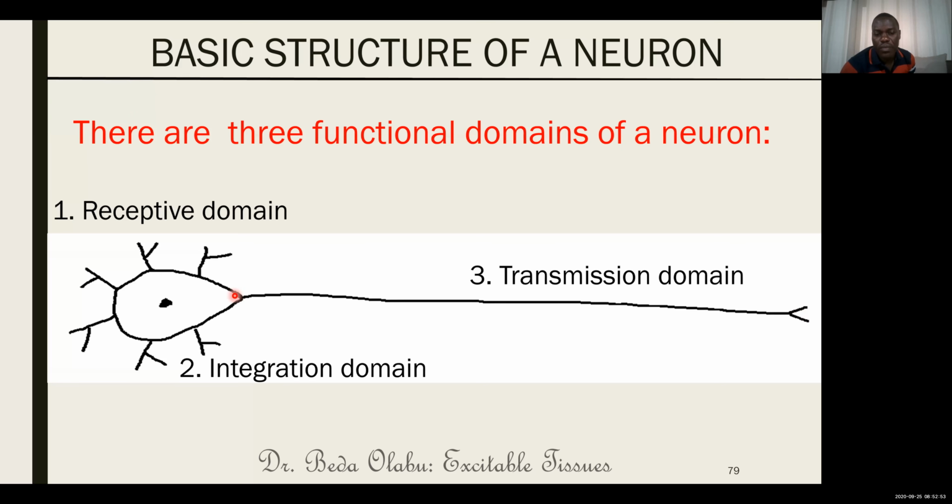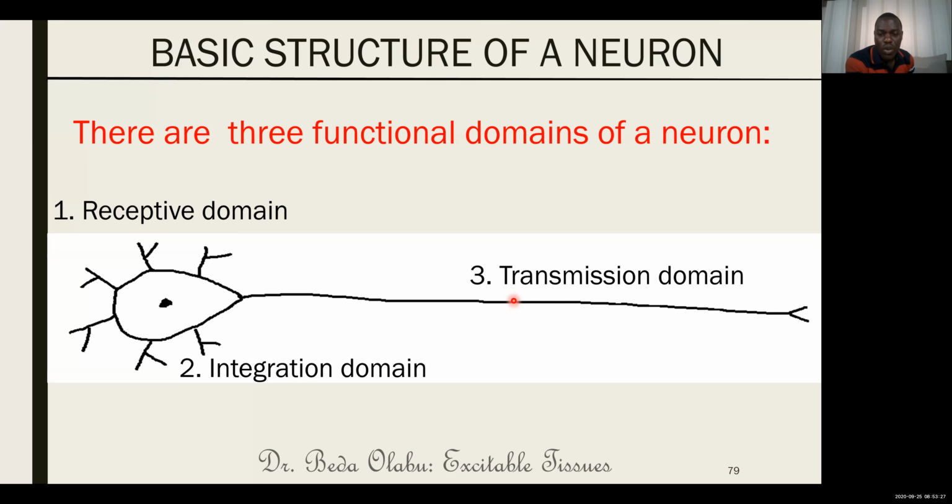It's important to note that the diameter of the axon varies. There are some neurons with a thin axon diameter, and some neurons with a wider axon diameter. The wider the diameter of the axon of a neuron, the faster it can transmit impulses.